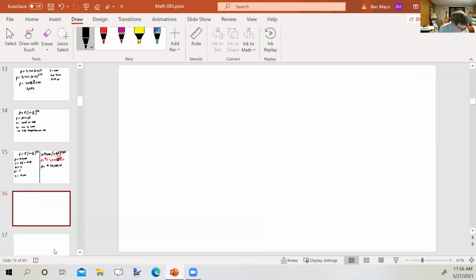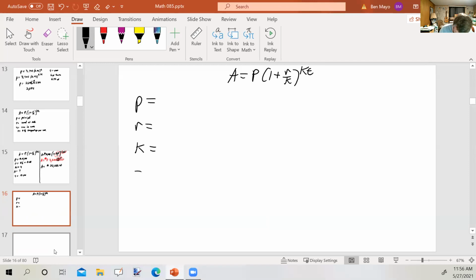All right. Let's look at another example. Comparing interest rates. How much more interest would $1,000 earn in 5 years, compounded quarterly, if the annual interest rate were 5.5% instead of 5%? Okay, so we've got our formula. We've got $1,000 in both cases.